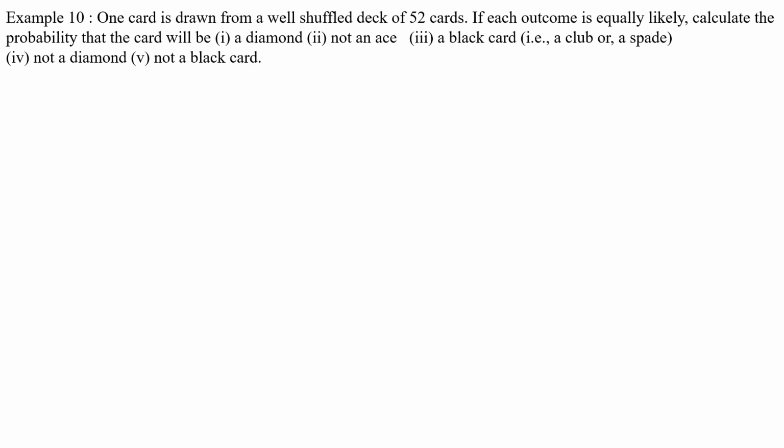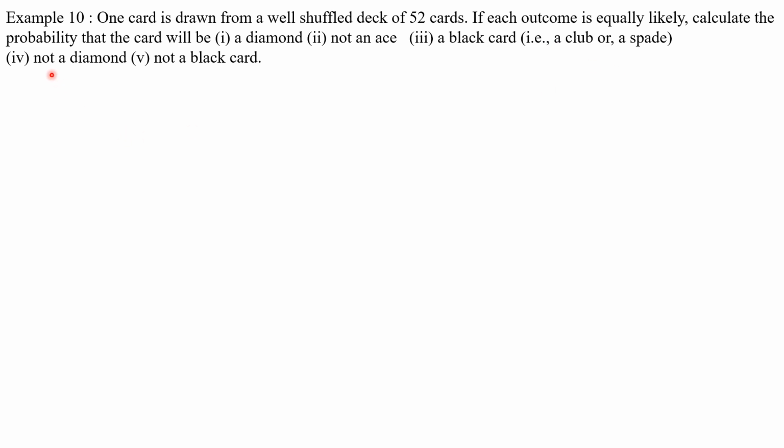In the deck of 52 cards, one card is drawn. Understood this random experiment, my children? Now we have to find the probabilities of these five events. The first event is drawing a diamond card. The second event is drawing a card which is not an ace. The third one is drawing a black card, which may be a club card or spade card.